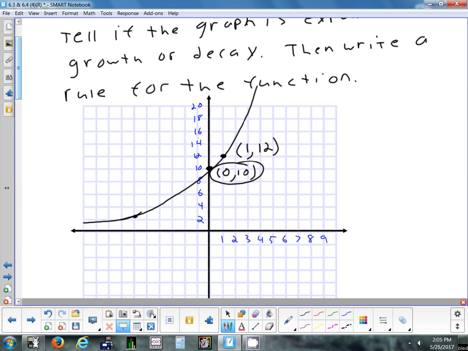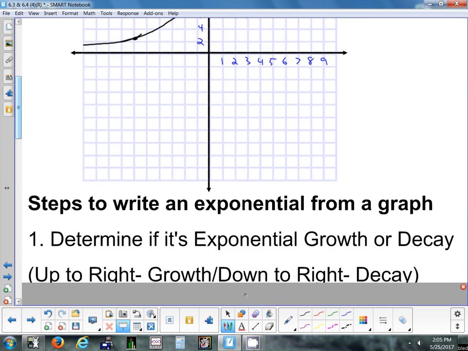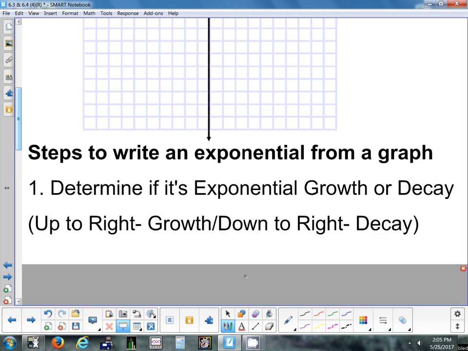Does anybody remember, in the formula, when x is 0, what's this number? That's the a. So we already know one of the numbers in the formula. We're going to write that down right now. Steps to write an exponential formula or equation from a graph.